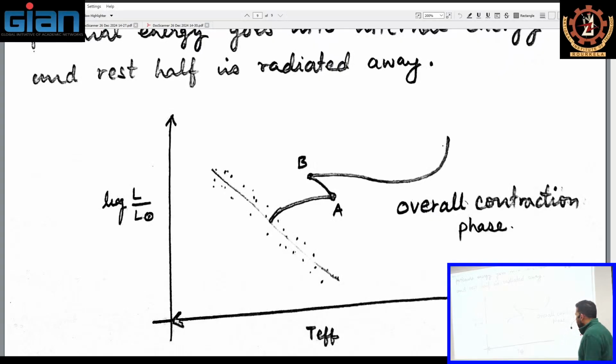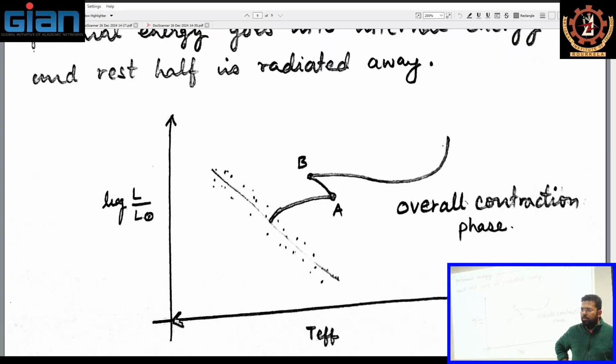Now, how is the star going to evolve from the main sequence? From the main sequence, it is going to evolve towards the so-called sub-giant branch phase, red giant branch phase, and so on. What will happen? Obviously not all the material will be available for hydrogen burning. So at one time, a star will go through a phase when it will run out of hydrogen at the center.